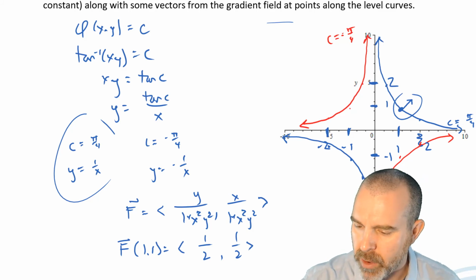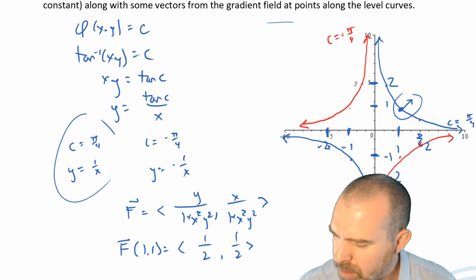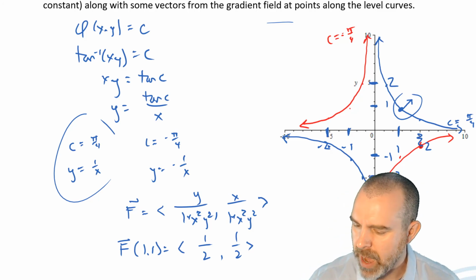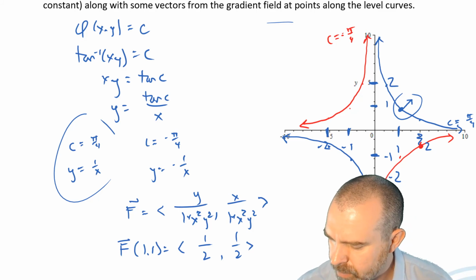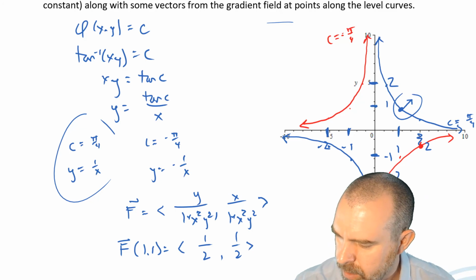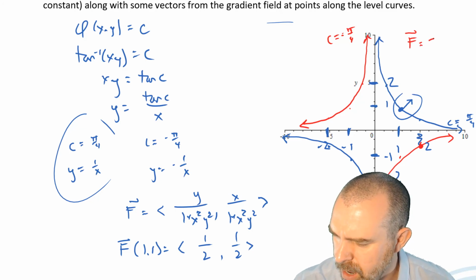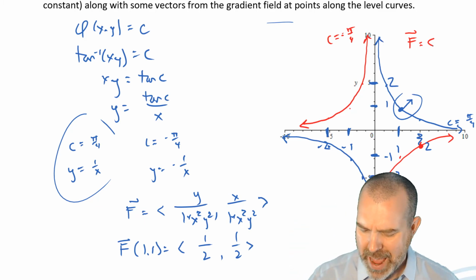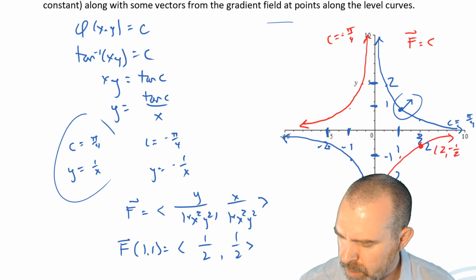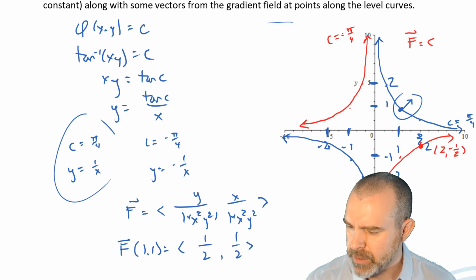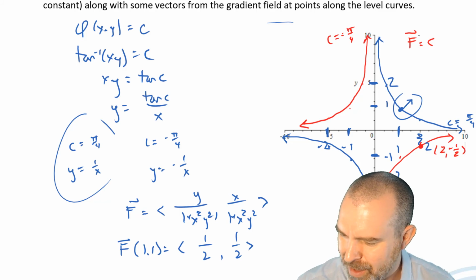We could pick another one. Let's pick one on the red curve. Let's pick, how about 2, negative 1 half. So y is negative 1 half.